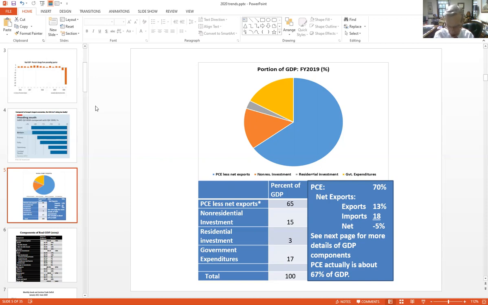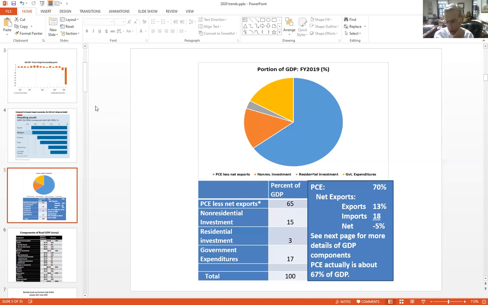I don't think you can read the footnote that's represented by the asterisk over where it says PCE less net exports, but the personal consumption expenditures before they're adjusted for exports are about 70% of GDP, but the net exports reduce GDP by about 5%.